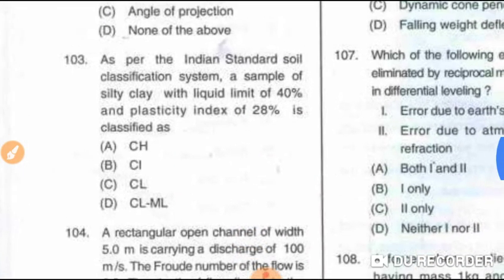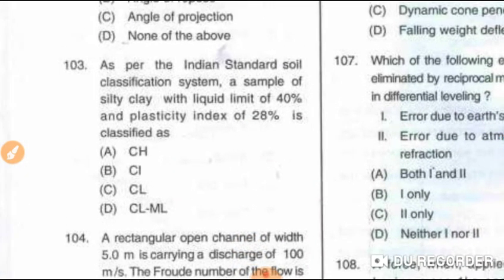Question number 103. As per Indian standard soil classification system, a sample of clay with liquid limit of 40% and a plasticity index of 28% is classified as option A CH, option B CI, option C CL, option D CLML.